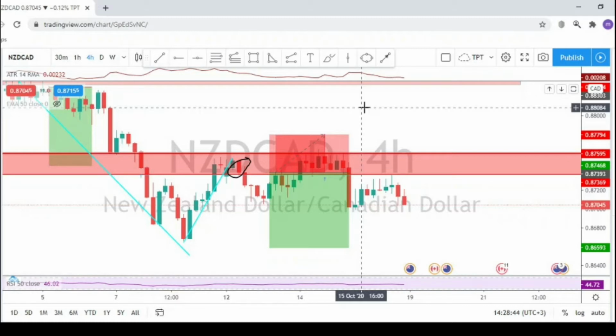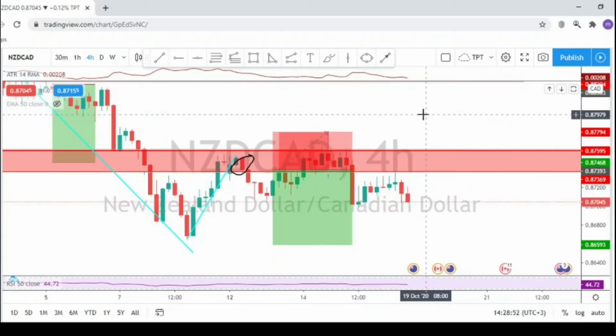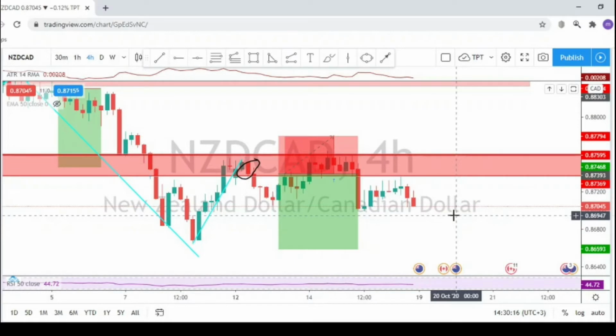And if one is a win and one is a loss, and my risk to reward ratio is 1:2, then at the end of the day, the 2 trades that I have taken turn out to be profitable, because one is a win with 1:2 risk to reward ratio, and the other one is a loss with 1:2 risk to reward ratio. Let me make a recap of these strategies so that you will understand it completely.